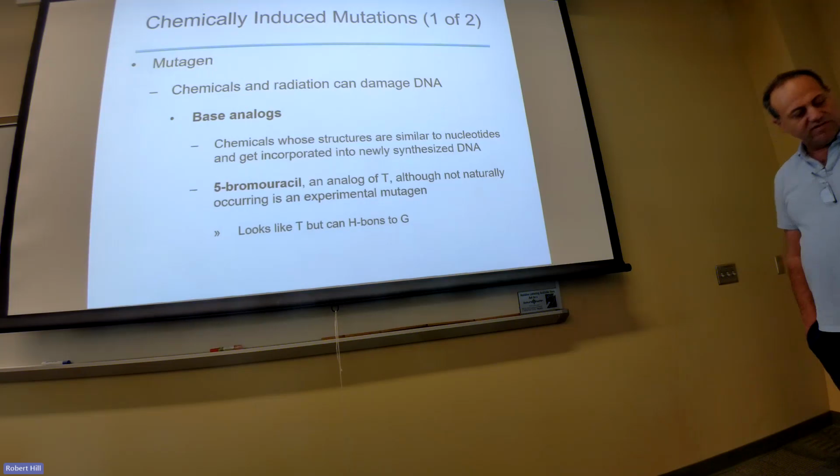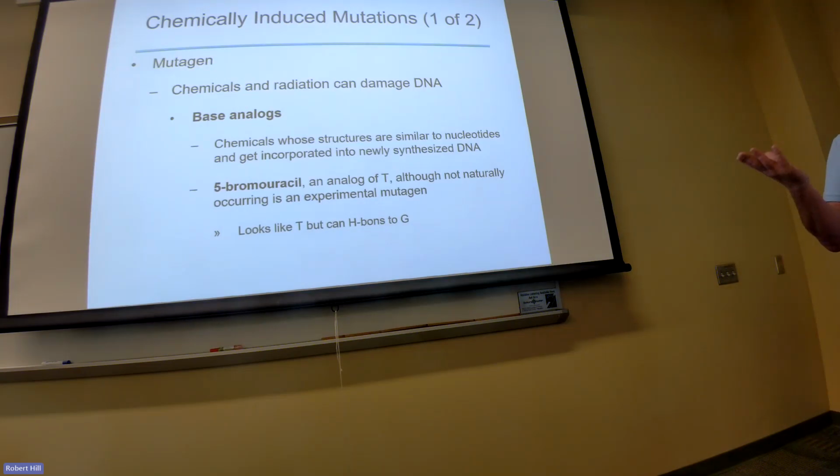They have to be synthesized in a lab. 5-bromouracil is very useful when you're trying to induce mutation in bacteria. You can introduce 5-bromouracil and it will increase the mutation rate in that bacteria. 5-bromouracil is an analog of T.